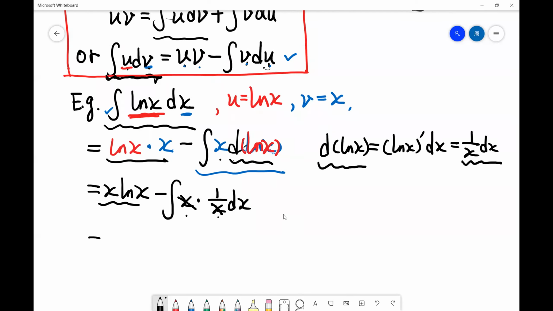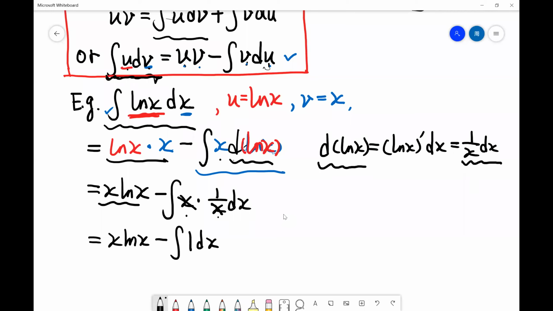So that equals x times ln x. We don't change it, just write it again. And then minus here, x can be cancelled. So the integral here, that is 1 dx.